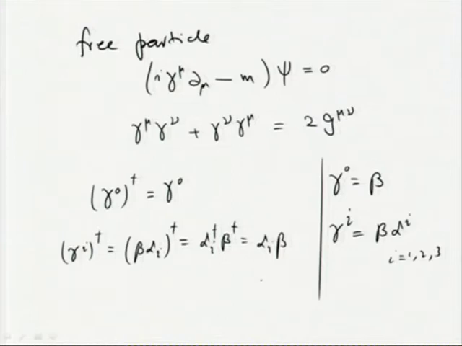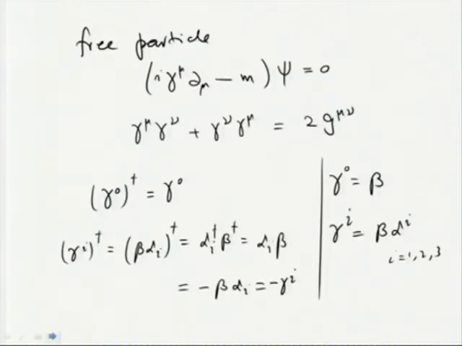Then, because of the anti-commuting property of α and β, this can be written as minus β α_i, which is nothing but minus γ^i. This says that γ^0 is Hermitian and γ^i, when you take the spatial components i equal to 1, 2, 3, is anti-Hermitian.